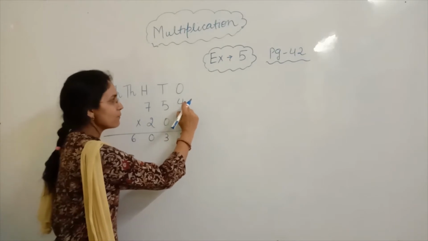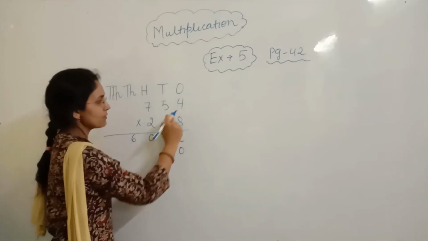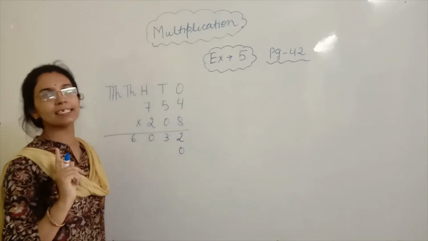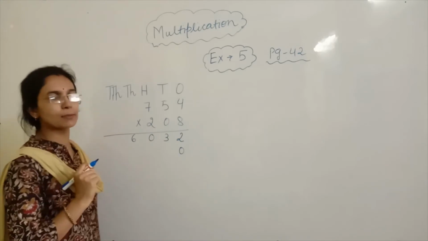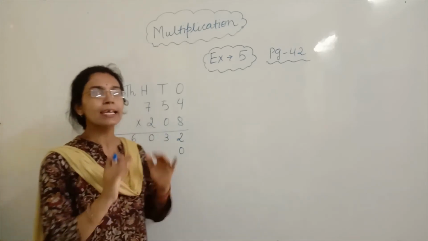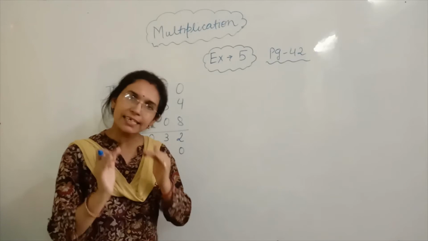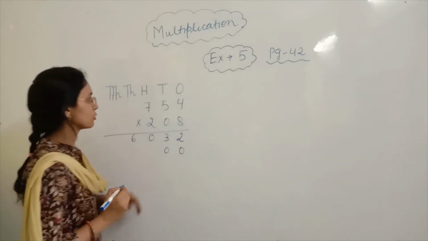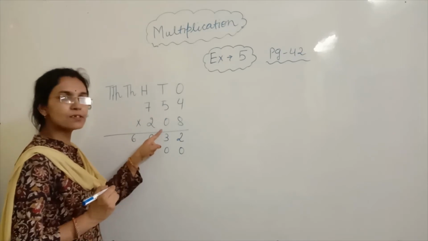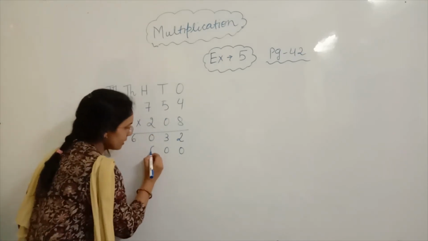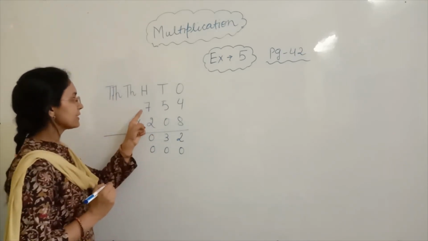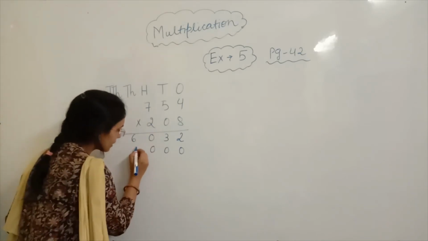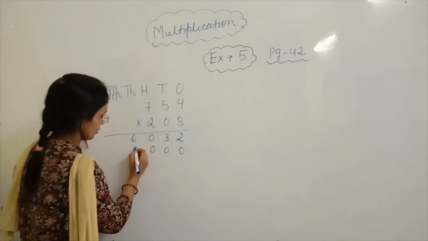Now we will multiply 4 and 0. 4 and 0 will multiply, we will always get 0. This is the property of multiplication. Whenever we multiply any number by 0, we always get 0. So here we will write down 0. 5 multiplied by 0 will be again 0. 7 multiplied by 0 will be 0.